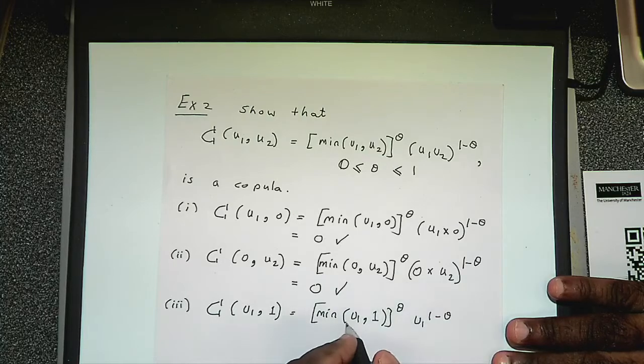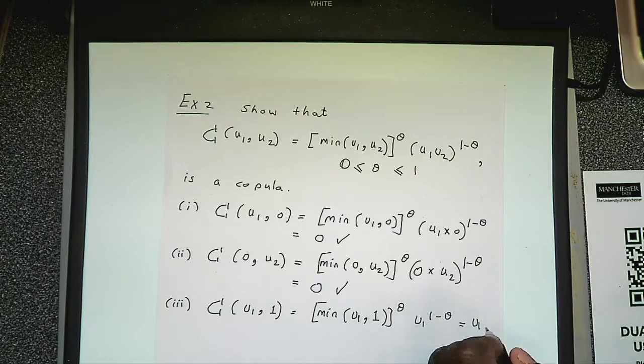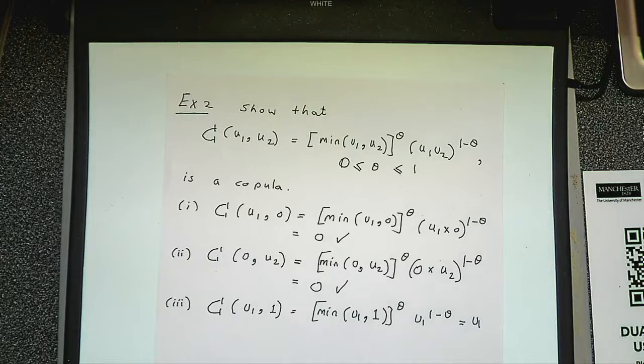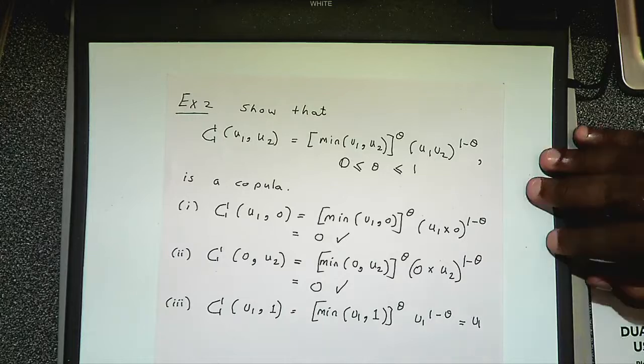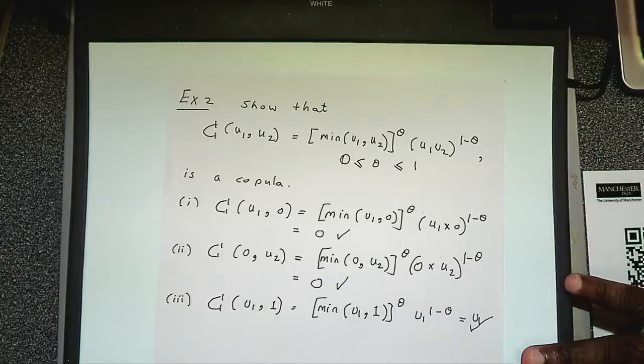The minimum of u1 and 1 is u1, because u1 is a number between 0 and 1. So this is going to be equal to u1. Alright guys, are you okay with this? Yes, so this property is satisfied too.